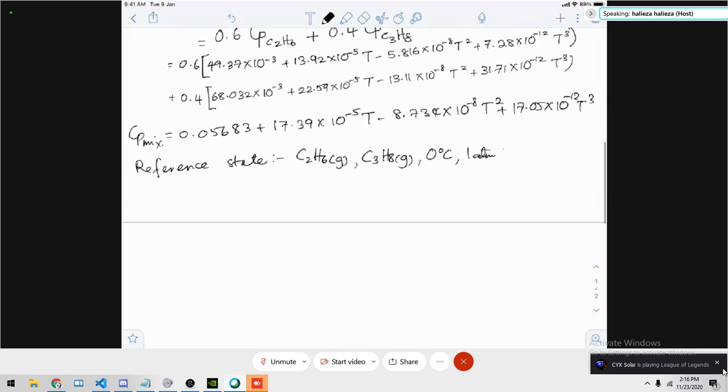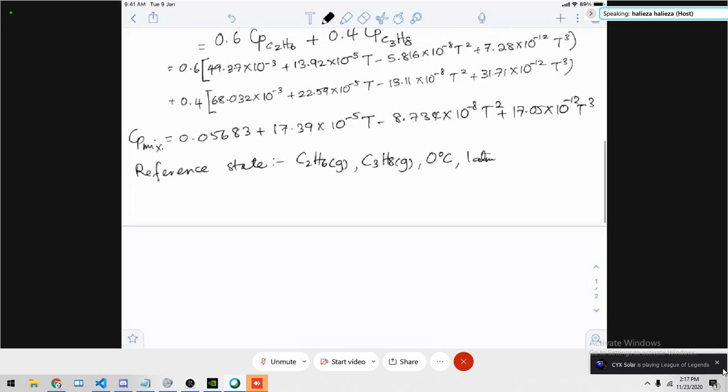So whenever there's just a change of temperature, then you'll be dealing with the integration of the heat capacity. So let's write the equation. We have an open system. Your open system equation is going to be delta H, which is enthalpy, change in kinetic energy, change in potential energy, equals heat plus shaft work.